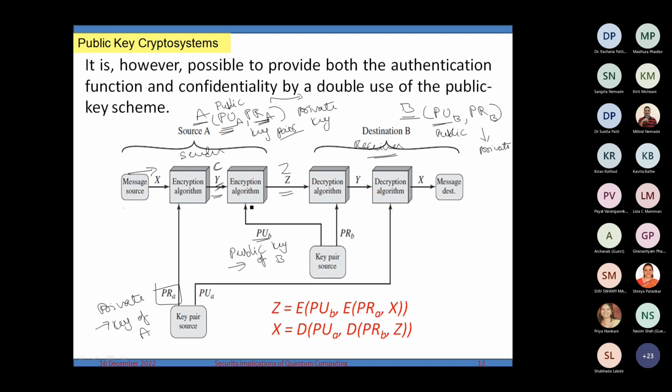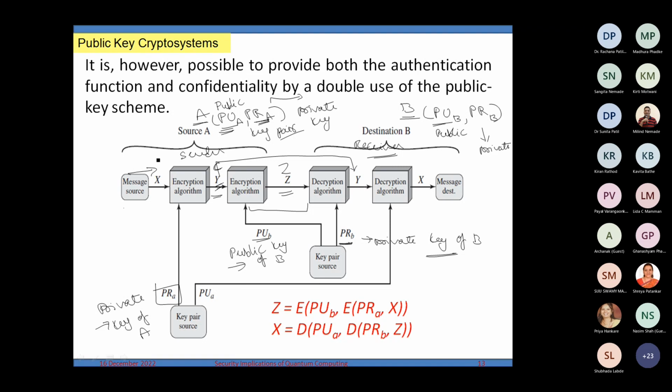The reason is, you see here, this encryption happened with the public key of B, and hence the immediate decryption happens with the private key of B. Remember, the private key of B is known only to B, no one else, and hence B is able to decrypt it. So once B decrypts Z, we get this particular Y. Now, how did we get Y?